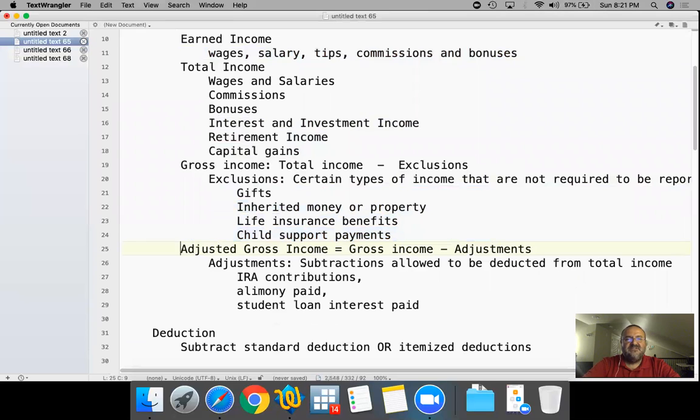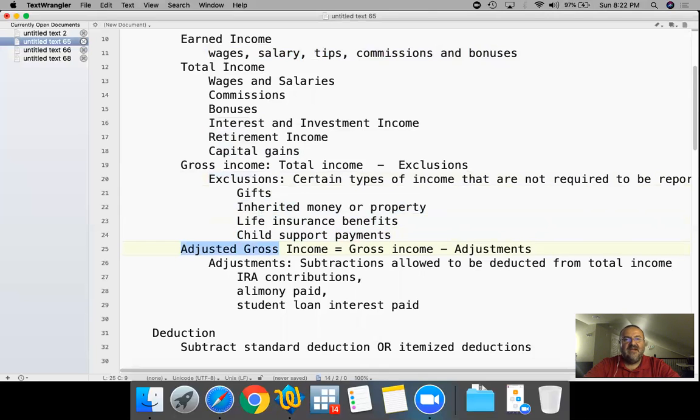So your adjusted gross income is your gross income minus adjustments. Now notice, in the gross income, we said your total income, whatever money you made, minus exclusions. And exclusions is a very special term. Exclusions are gifts, inherited money, life insurance benefits, and child support payments.